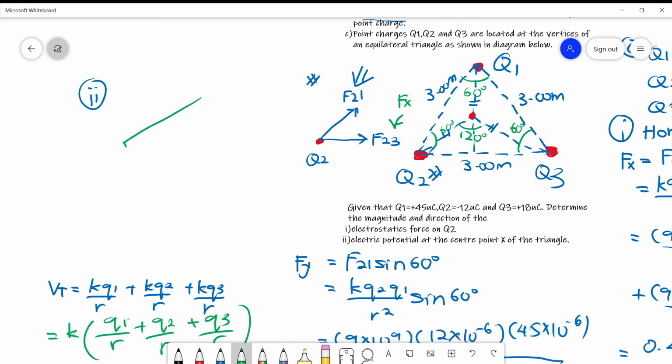So this is the half triangle from this region that I got, and this one is 60, and this one is 30, and the distance that we need is actually this one, and this is r, and this one is 1.5.